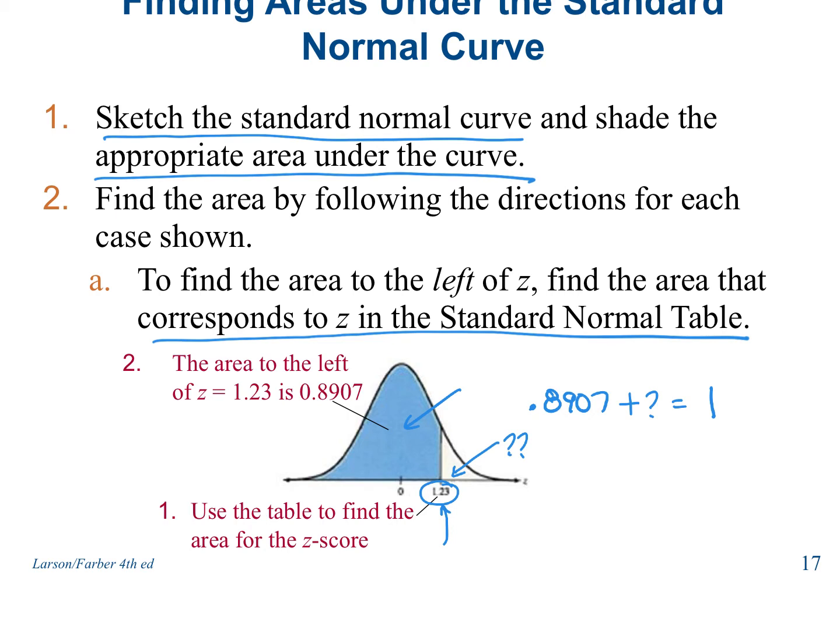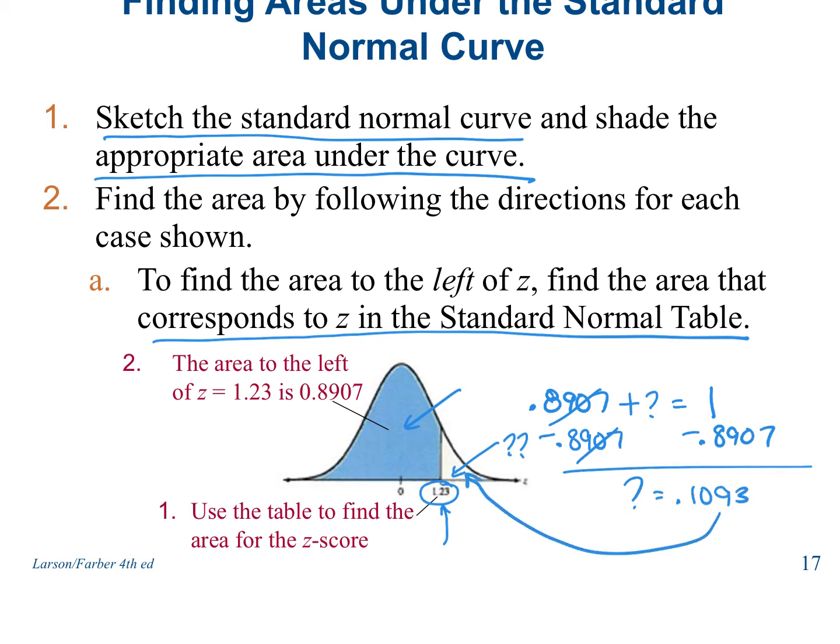So if I wanted to find the area to the right of a z-score of 1.23, I would solve that algebraic equation for the question mark, the unknown value, by subtracting 0.8907 from both sides. So 1 minus 0.8907 is 0.1093.